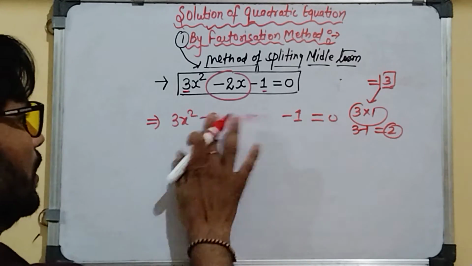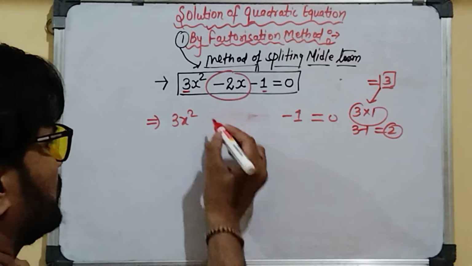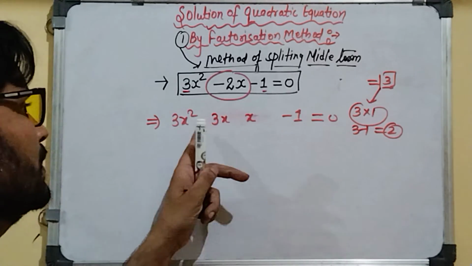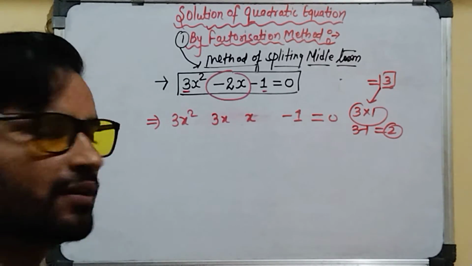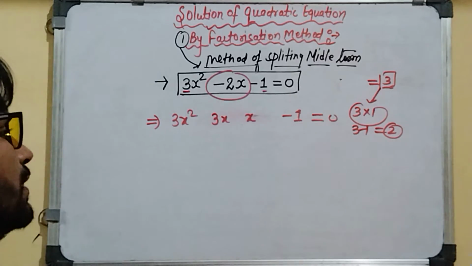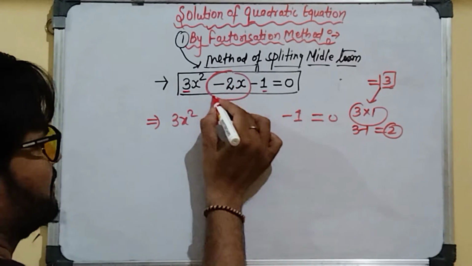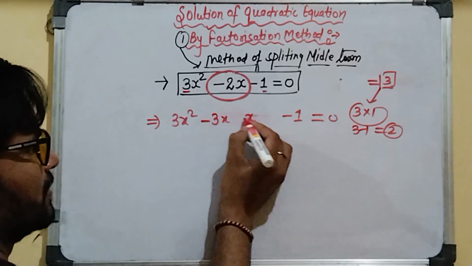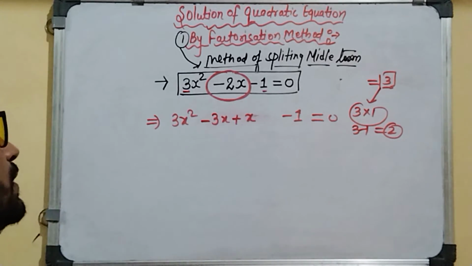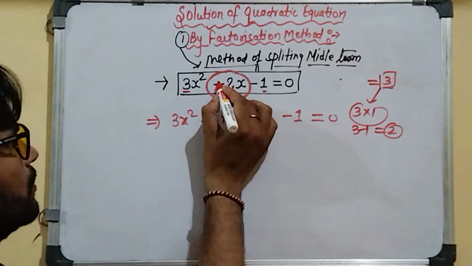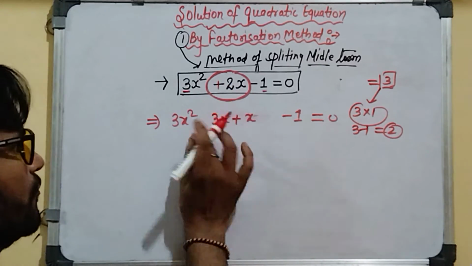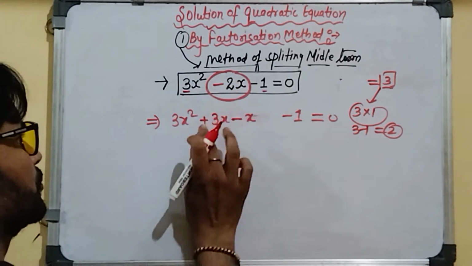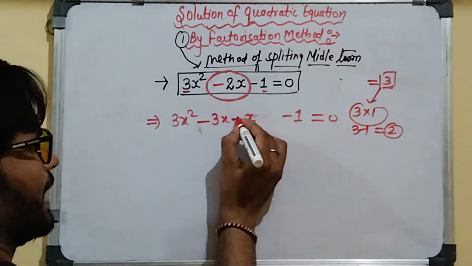Okay, clear. With 3x and x, we have to choose one term as minus and one term as plus. Here we have to obtain minus 2x, so we take the greater number as minus and the lesser number as plus. If we have to obtain a positive, then we take the greater one positive and the lesser negative. Here it is negative, so we take 3x as negative and x as positive.